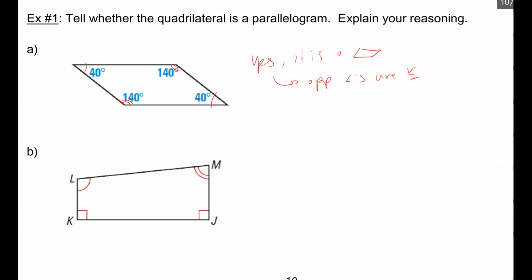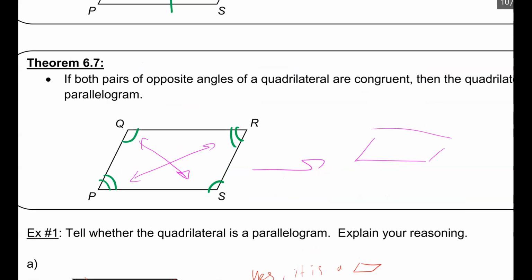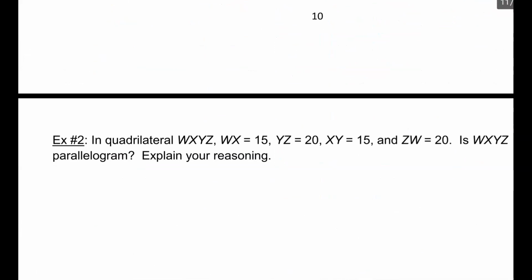All right, let's check the next one. I look down here and I see, no, these are not going to be congruent. This is not a parallelogram, because opposite angles are not congruent, but they must be. Remember, to be a parallelogram, opposite angles must be congruent to each other.